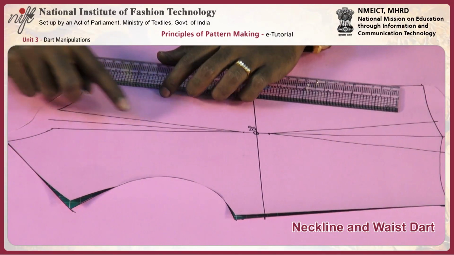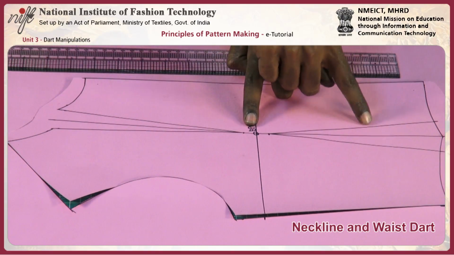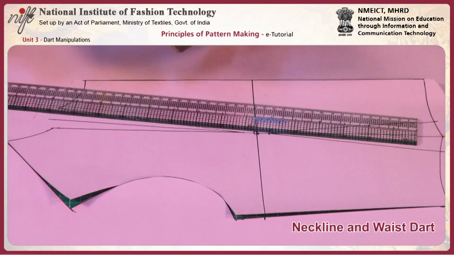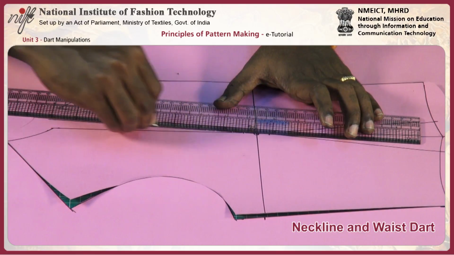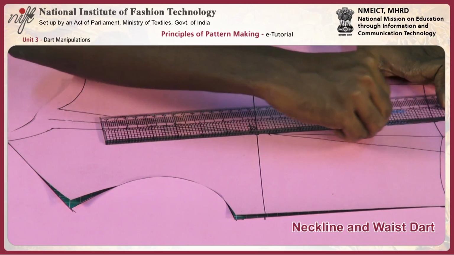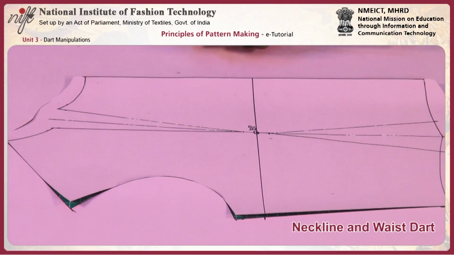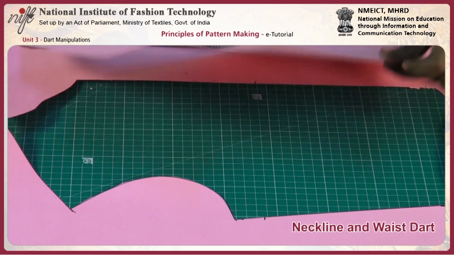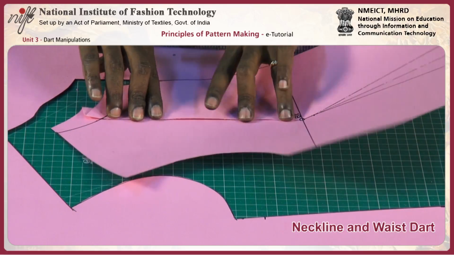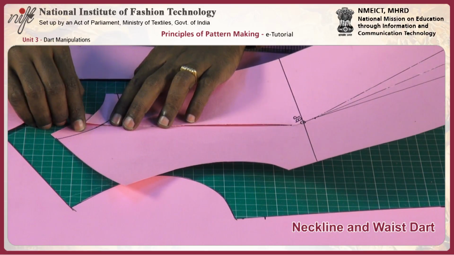Closing the dart, crease the dart leg which is nearer to the front, both the waist neckline dart and armhole dart. Cut the pattern, fold on the center line, and open. It should have a smooth curve, otherwise you can true it using the French curve.